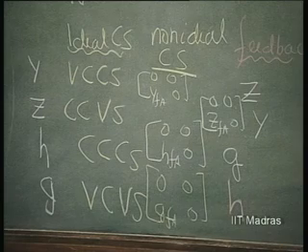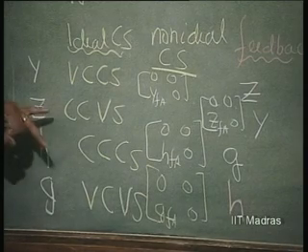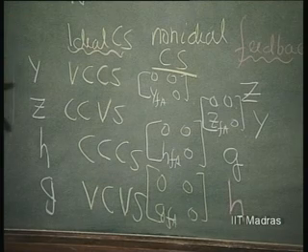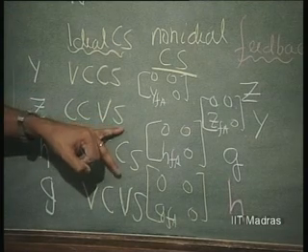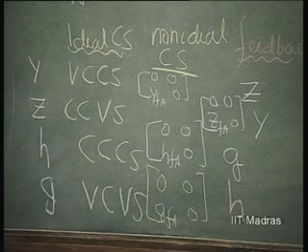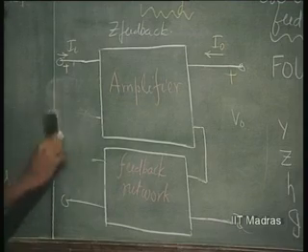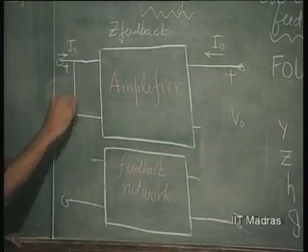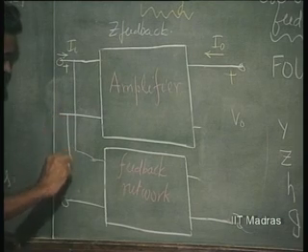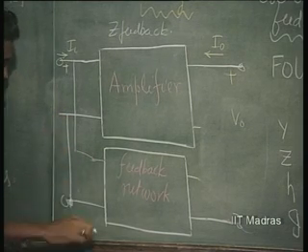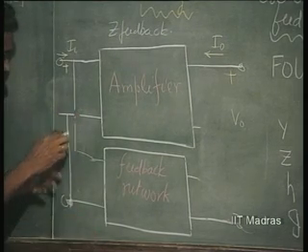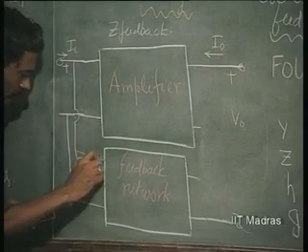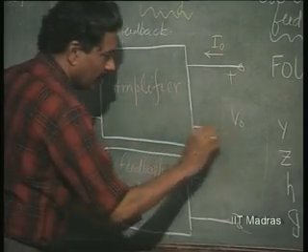It is to be made a current controlled voltage source. Impedance at the input should go down, impedance at the output should go down, voltage source. So, it should be shunt at the input and shunt at the output. Shunt at the output.